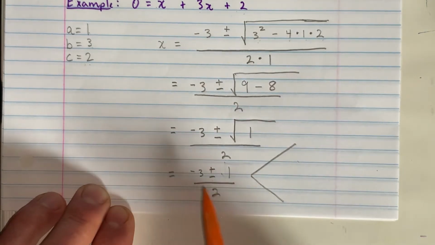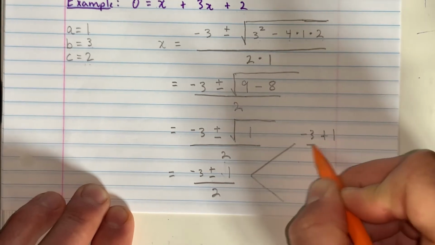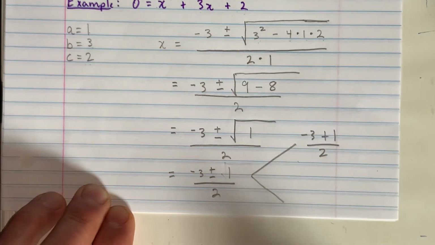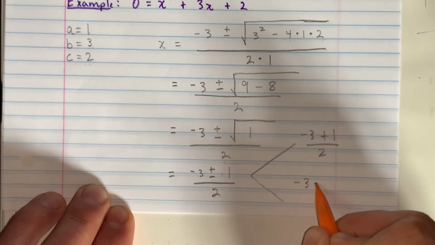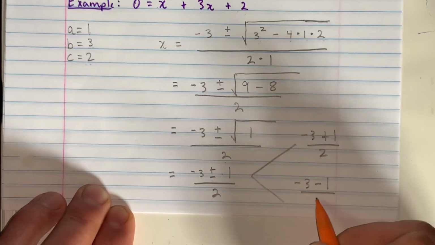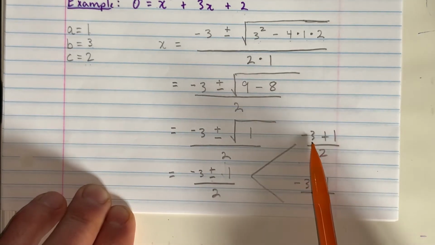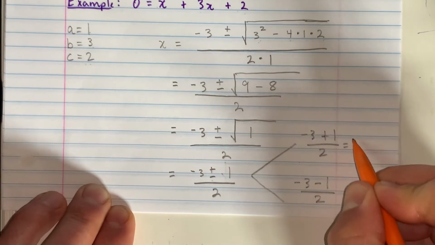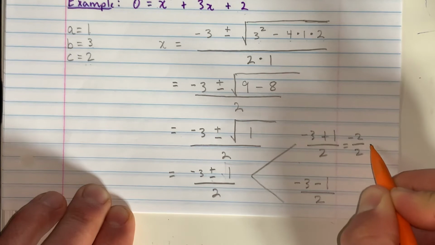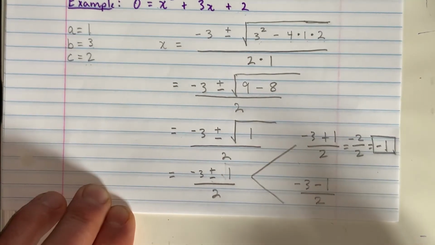So really this just breaks up into two parts. We'll do the first one, which is negative 3 plus 1 divided by 2. And then the other one would be the bottom part, the minus: negative 3 minus 1 divided by 2. We're going to get our solutions there, which are our x-intercepts. Negative 3 plus 1 would be negative 2. Negative 2 divided by 2 is negative 1. So that's one of our solutions.